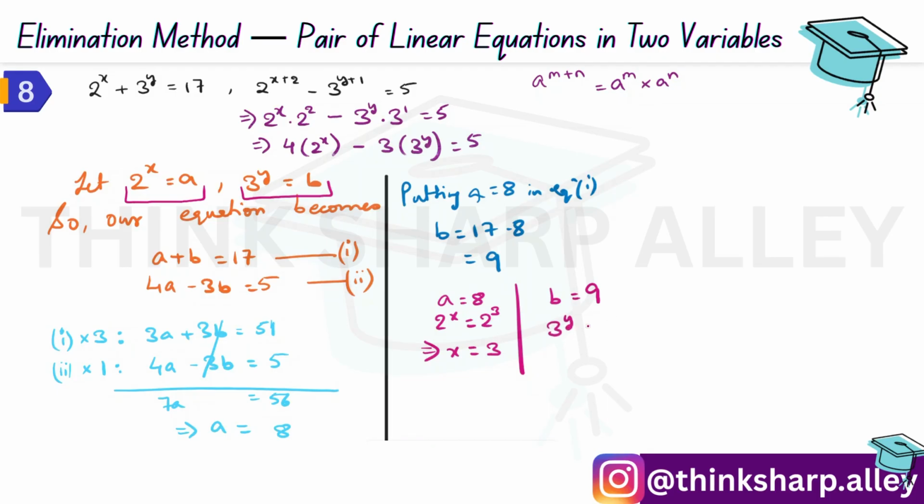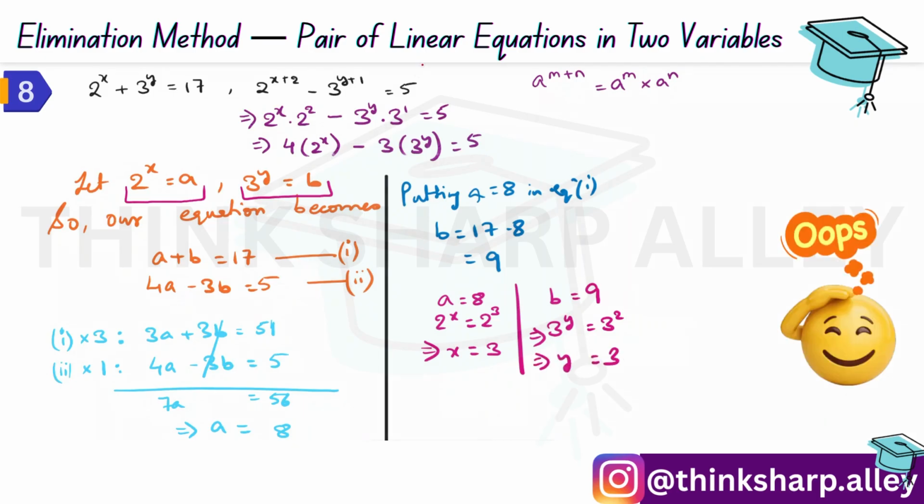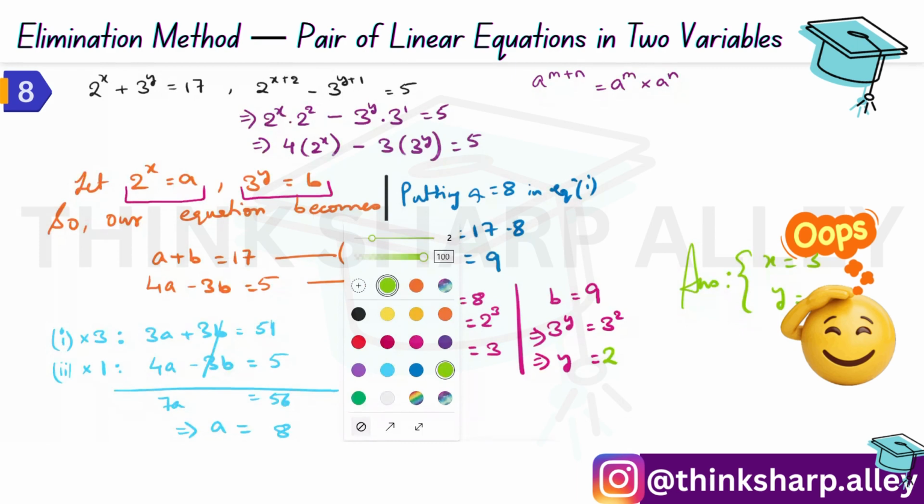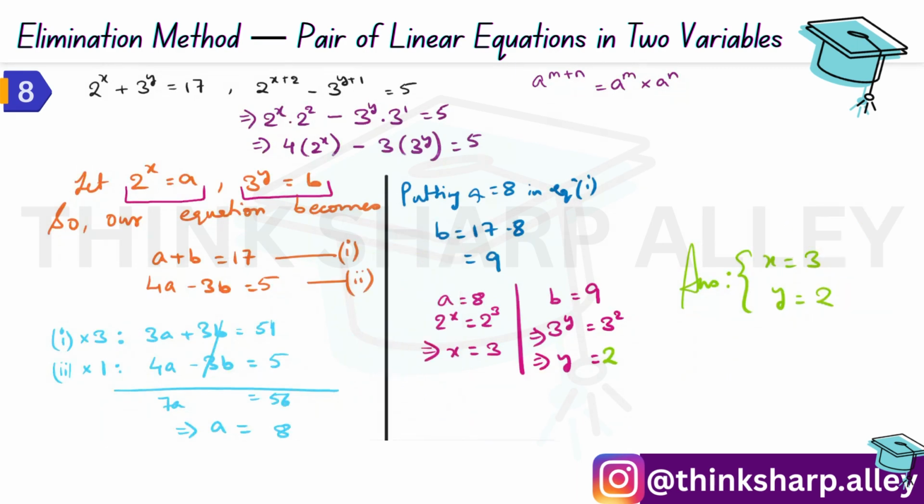So 3 to the power y, 9 is 3 square. So that implies y is equal to 2. So sorry, I made a mistake over here. y should be equal to 2, right? So x equals 3 and y equals 2 is the solution for this system of equations.